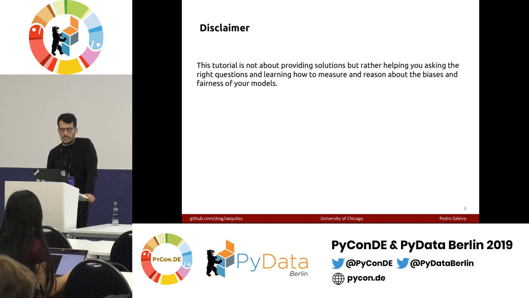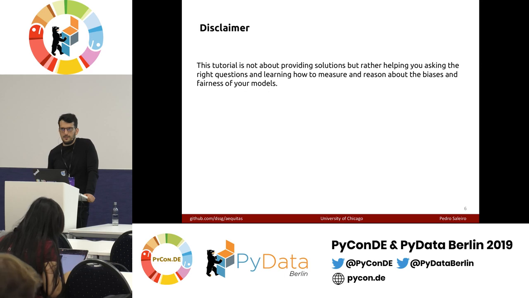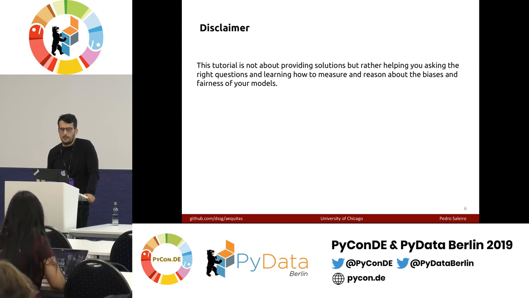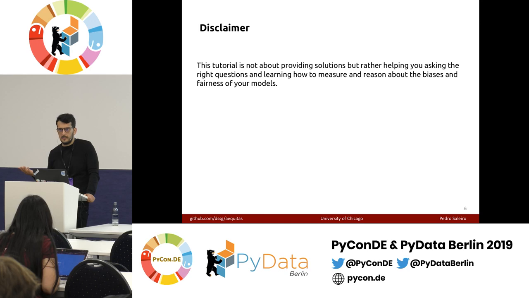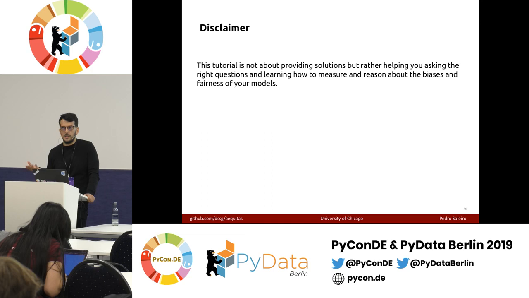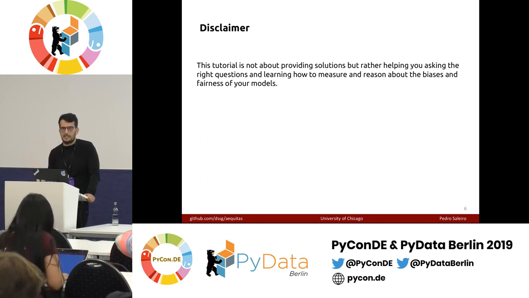So the idea is that at the end of this tutorial, when you are in your company or in your organization, and you are developing models for decision making, you can reason about what you should care about, what the consequences of the models that you are developing are, who gets impacted, how to get data and collect these results to give the decision makers or the product managers or the leadership in your organizations to make more informed decisions.